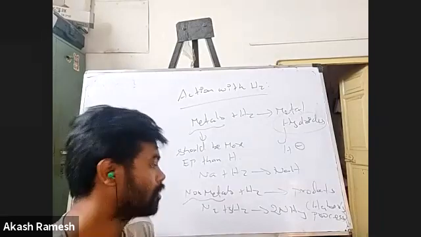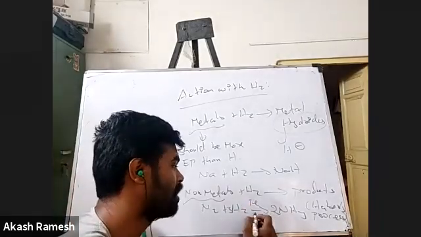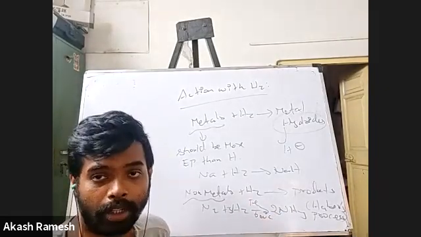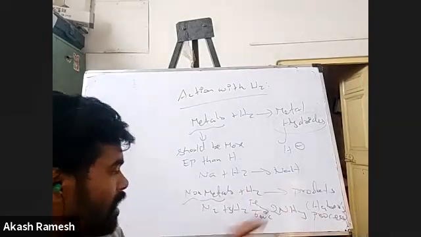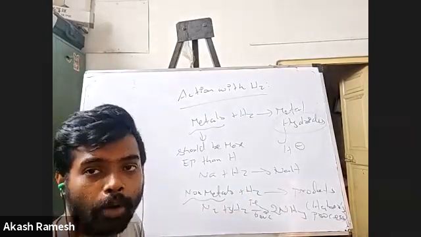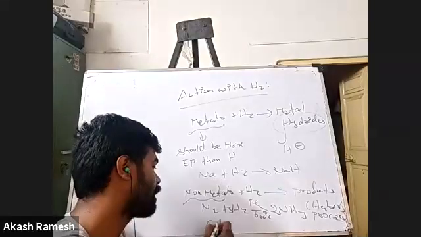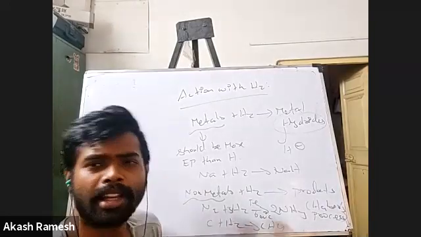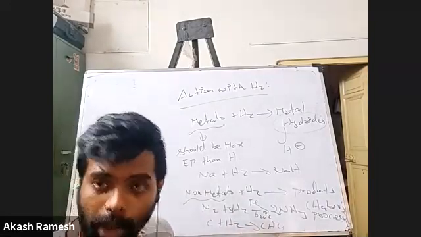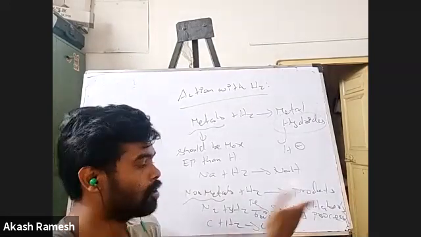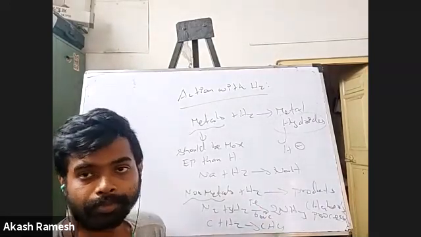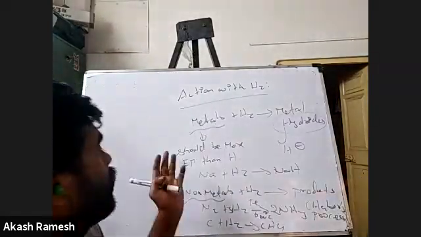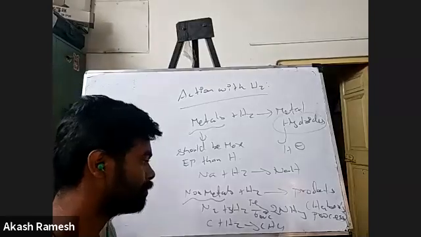You have to use Fe as a catalyst, some 600 degrees Celsius, very high temperature and very high pressure. You don't have to worry about the details here. What you have to understand is N2 plus H2 is going to give you ammonia. One more example is carbon plus hydrogen forming methane. So these kinds of reactions are also possible. It's not that non-metals will not react with hydrogen. They will react with hydrogen to form their own compounds. So that is about reaction with H2.